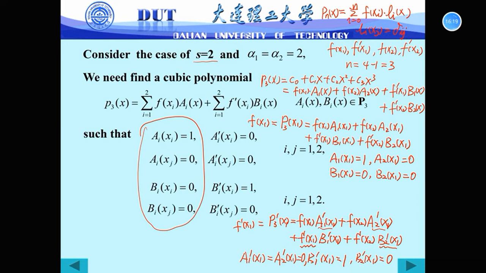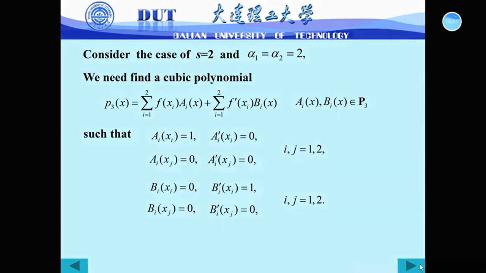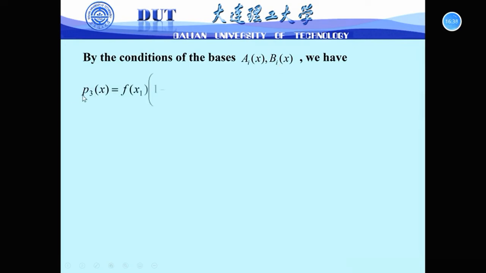I just want you to be interested in this method. That means in many numerical analysis, we need to also deal with derivatives.